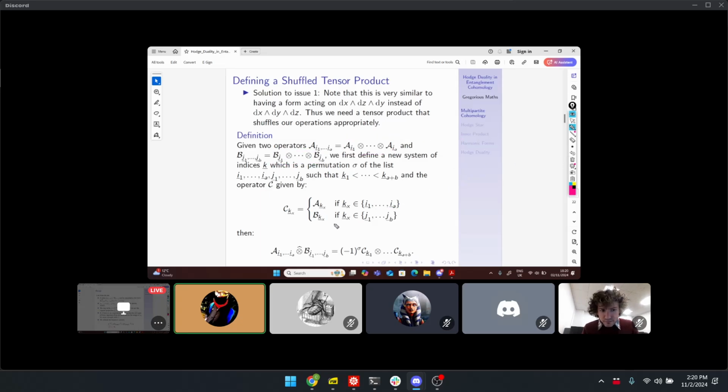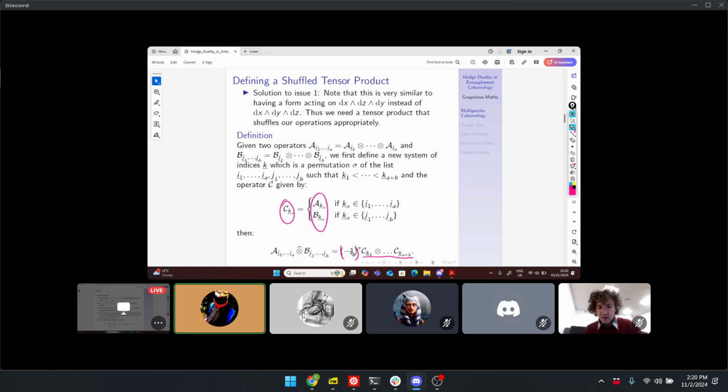And then what we simply do is define what I'll call the shuffled tensor product of A and B to be the tensor product of our new operator, which is just these two glued together, except now we take into account the permutation sigma.